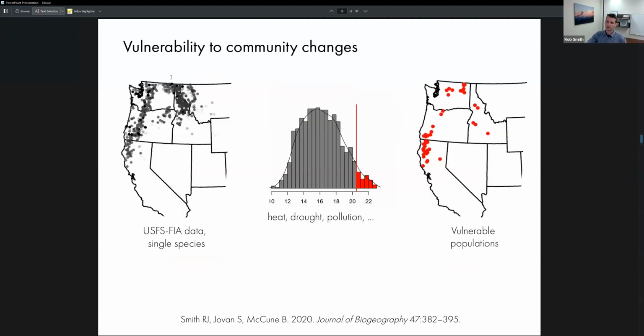Given that data set, we can model where a single species occurs, for example, in this left-hand panel. If we take this species and say, that's where it occurs geographically, but with respect to its climate envelope modeled in the center here, we can also identify populations that are at the extremes of its tolerance, at the extremes of that climate envelope, and then map those back into space and say that those populations are considered, quote unquote, vulnerable.